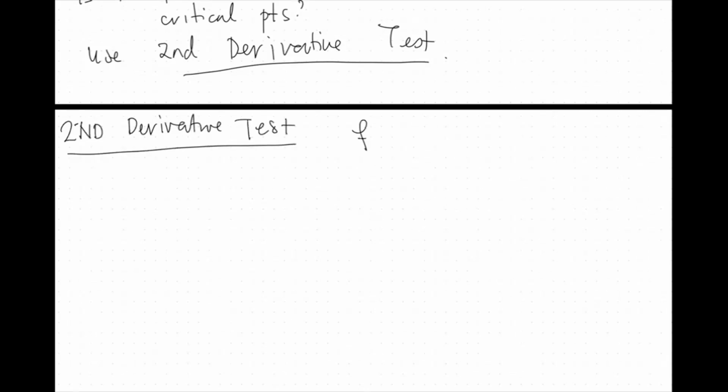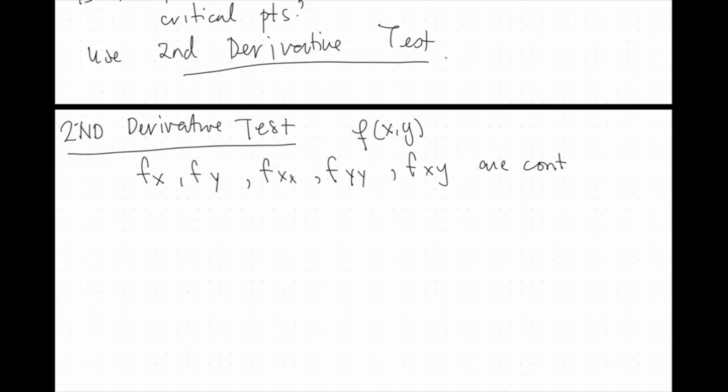Here we have f, a function of two variables x and y, with f sub x and f sub y, and also the second partial derivatives. So we have fxx, fyy, and fxy continuous on some region containing the point (x0, y0).